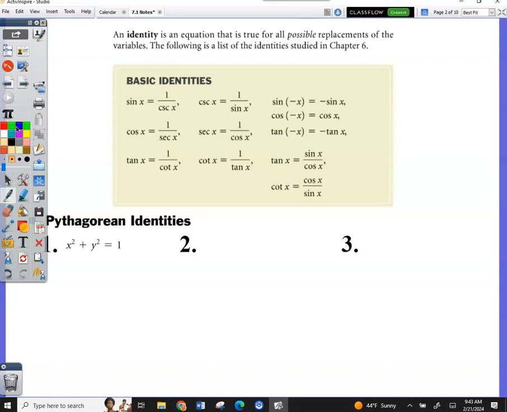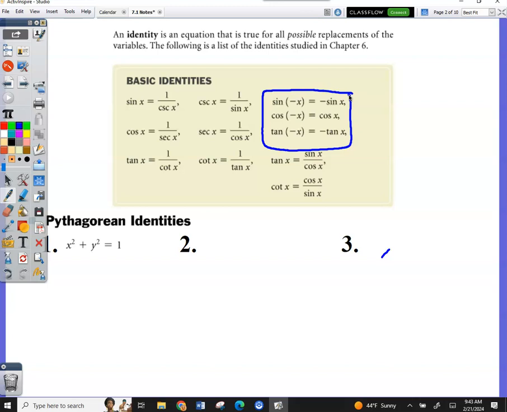Basic. Now these over here, you may not remember them because we've not used them a lot yet, but they are going to come into play. If you have the sine of a negative angle, you can rewrite it as the negative sine of that positive angle. If you have the cosine of a negative angle, you can rewrite it as just the cosine of the positive.